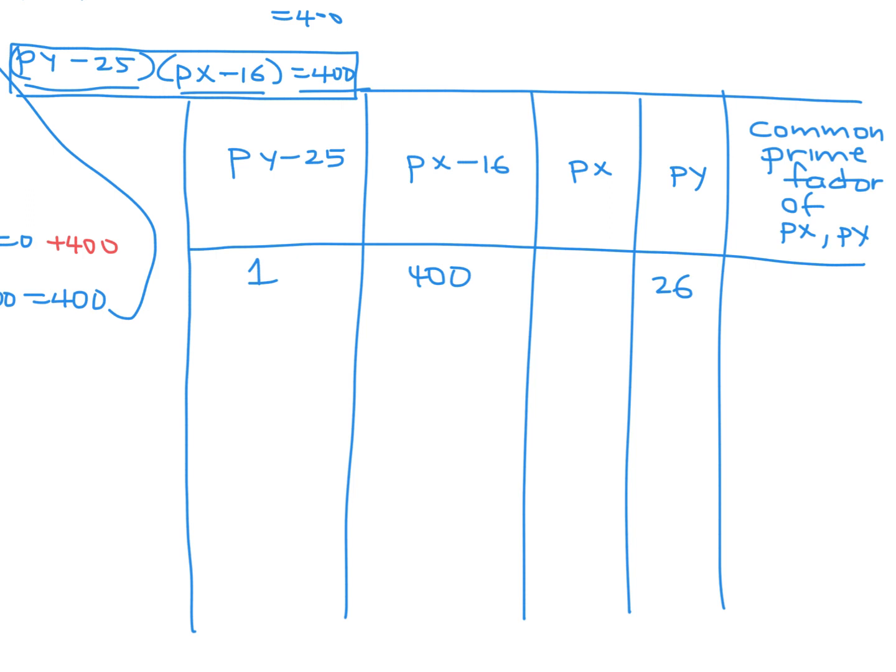And then px minus 16 is 400, so this is 416. So that one doesn't give us any prime. There's no common prime factor, unfortunately. Okay, so that's a dud.